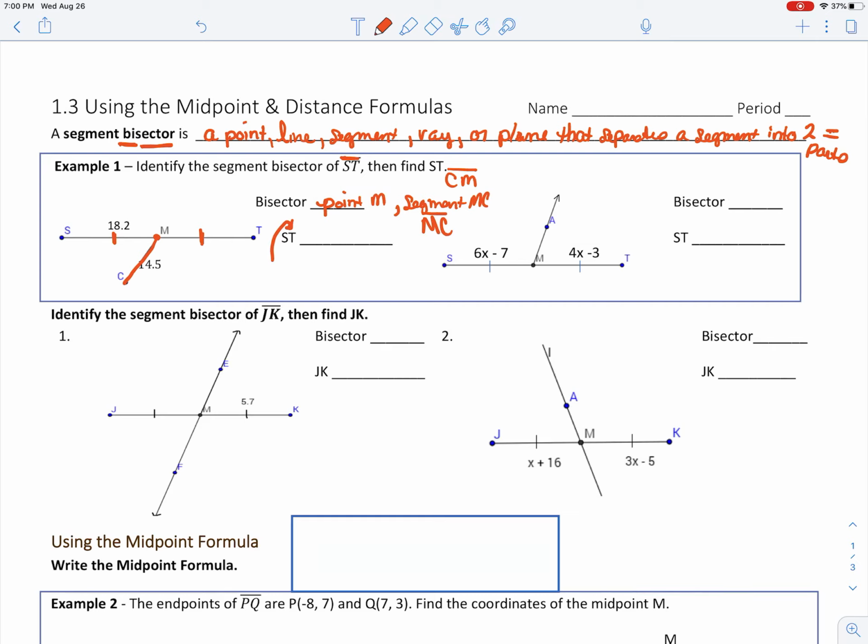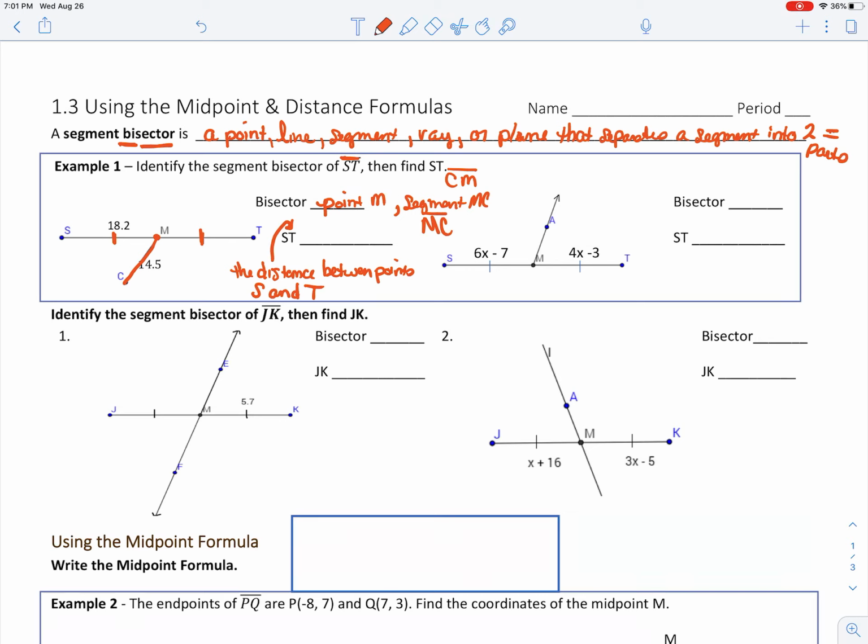When we have no symbol on top of 2 capital letters, that is a shorthand for saying the distance between points S and T. So that's a lot easier to write than it is to have to write that out each time. So mathematicians are all about symbolism. We try to make things as simple as possible and as concise as possible. This is our way of saying the distance between points S and T.